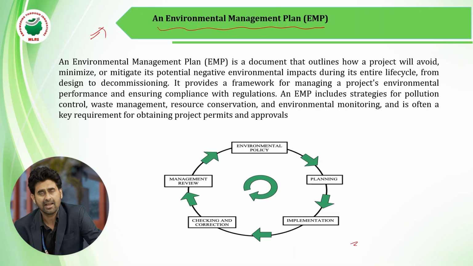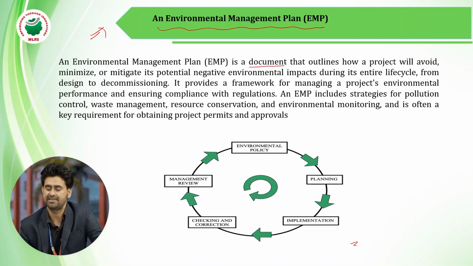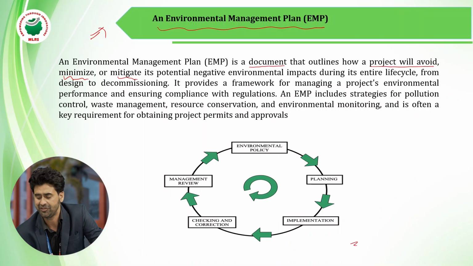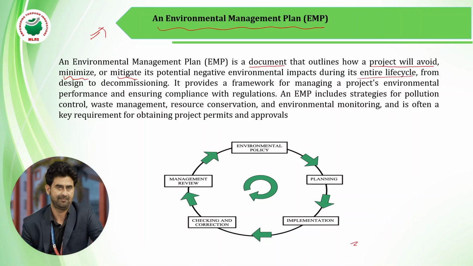So it is a type of document. An environmental management plan is a type of document that outlines how the project will avoid, minimize and mitigate its potential negative impacts on the environment, that is, on air, water and land during its entire life cycle.